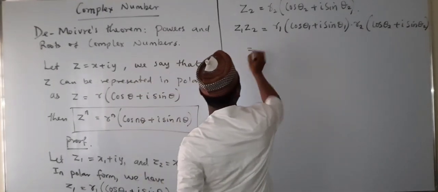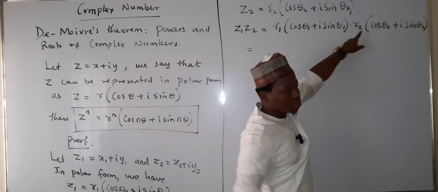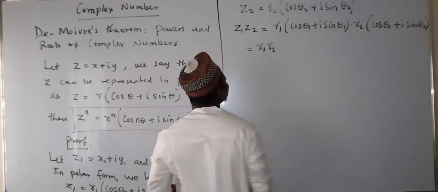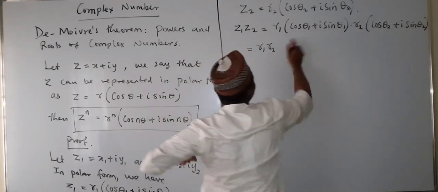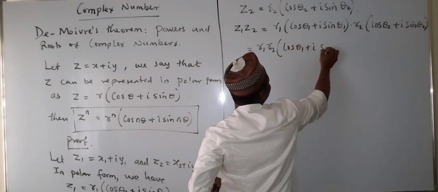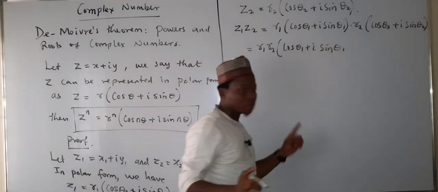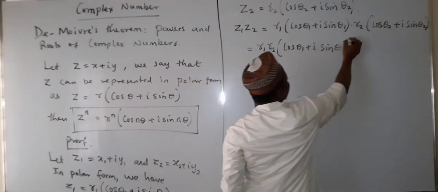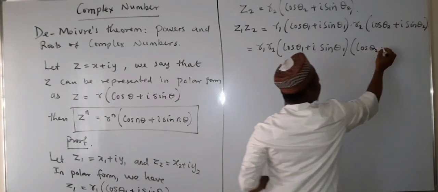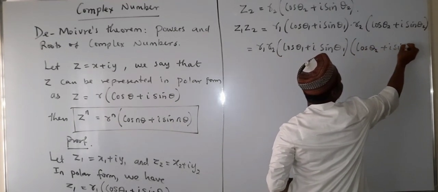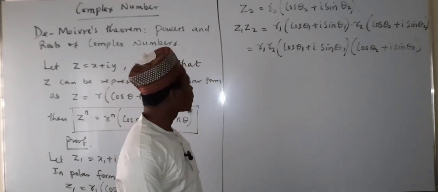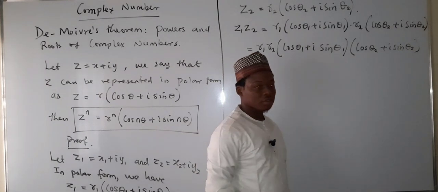So this is equal to r1 times r2, so we have r1 r2, now this cos theta 1 plus i sin theta 1, then times cos theta 2 plus i sin theta 2. Now let's expand this.